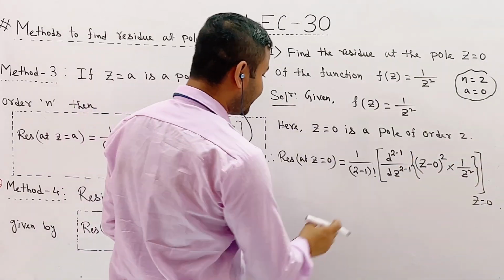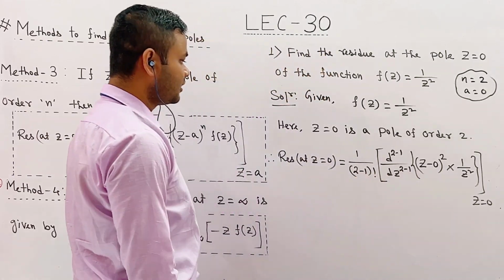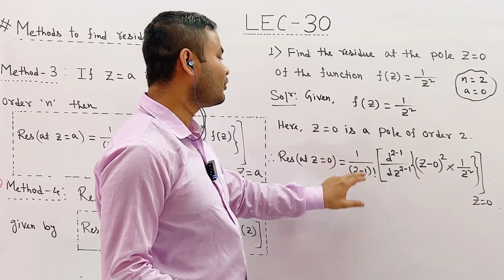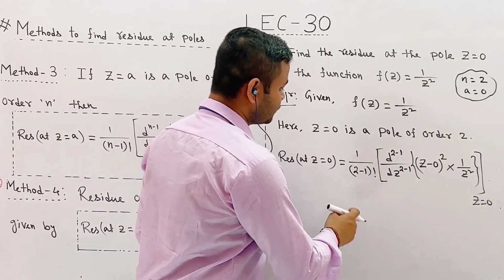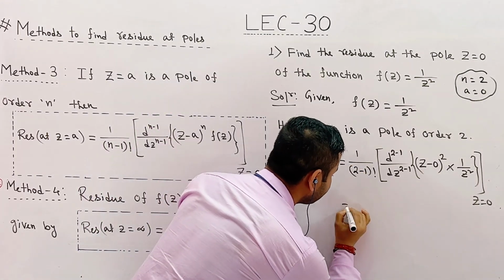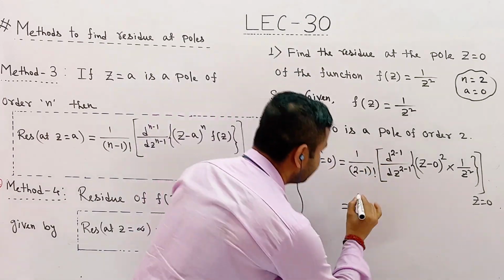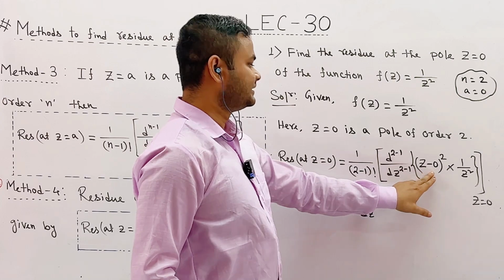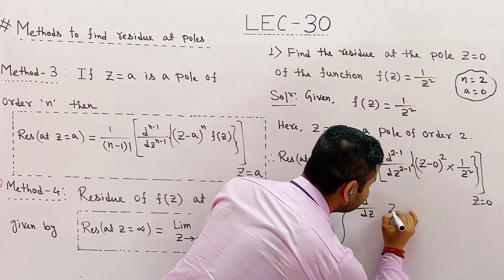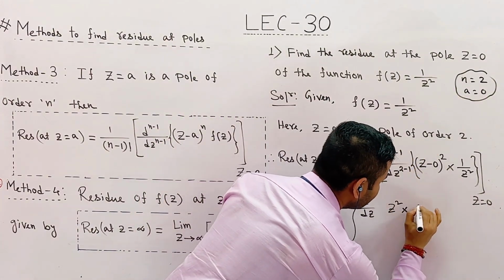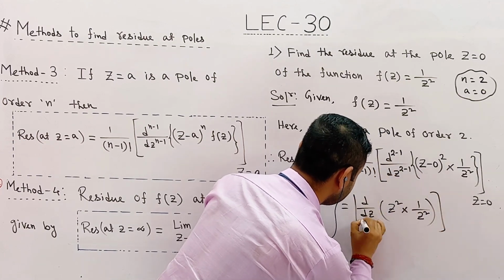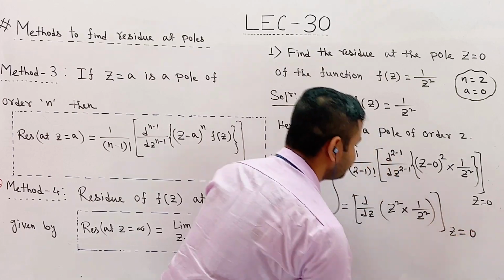Now, let us simplify this term and this term. We know (2 minus 1) factorial is 1 and 1 by 1 is always 1. So, after simplifying, we will get d by dz of (z minus 0) whole square, value is z square, into 1 by z square at z equal to 0.